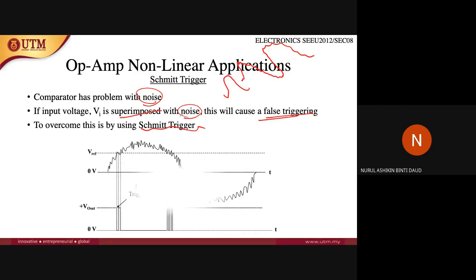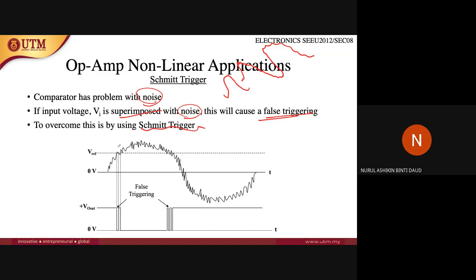For example, this is the input signal. You can see there are fluctuations that will distort the input signal.